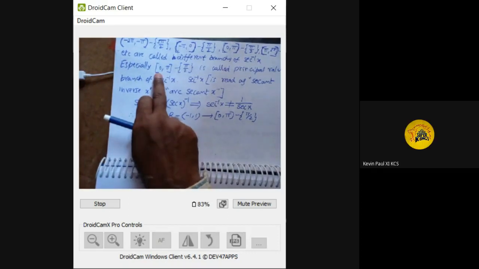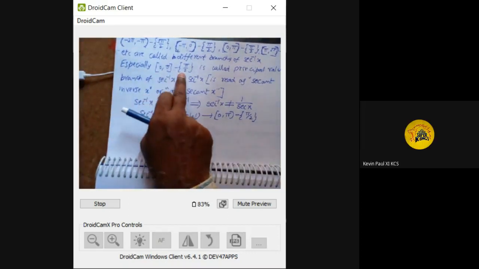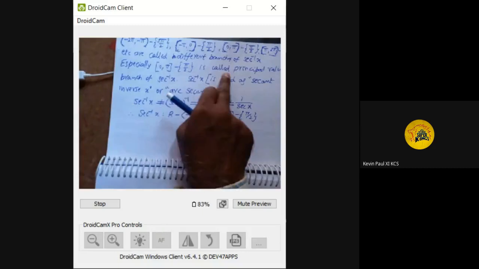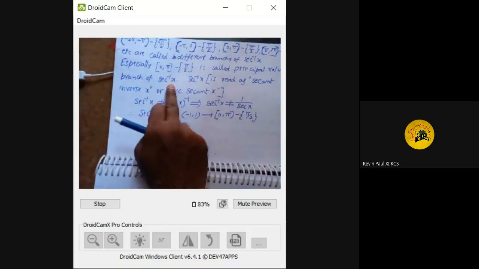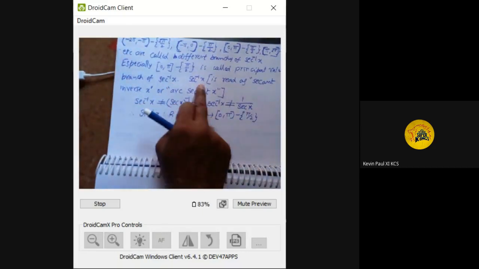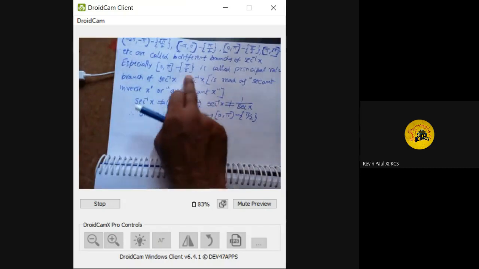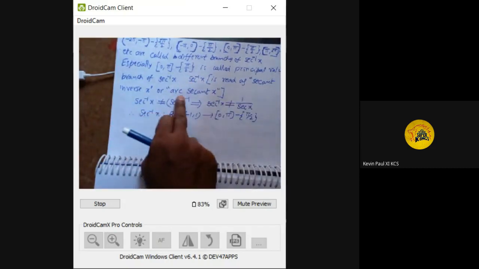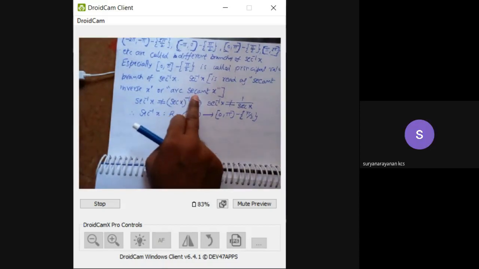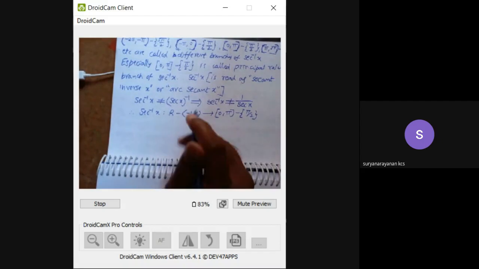Closed interval 0 comma pi minus singleton set pi by 2 is called principal value branch of secant inverse x. Secant inverse x is also read as secant inverse x or arc secant x. Very good, Kevin Paul. Kiran Raj.